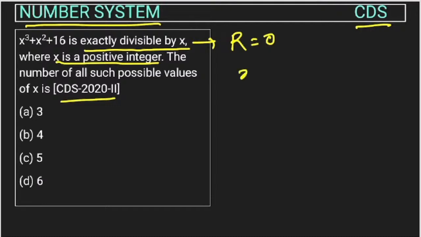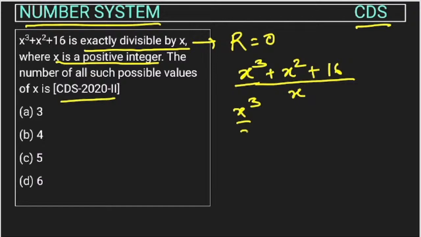So this number x cube plus x square plus 16 is completely divisible by x. We can write it as x cube upon x plus x square upon x plus 16 upon x. So this will get cancelled, and this will be power 2.